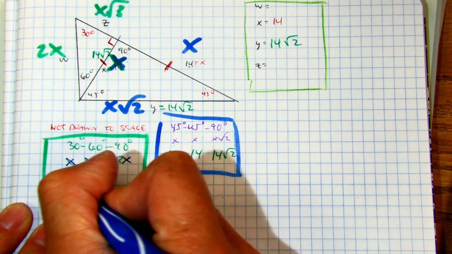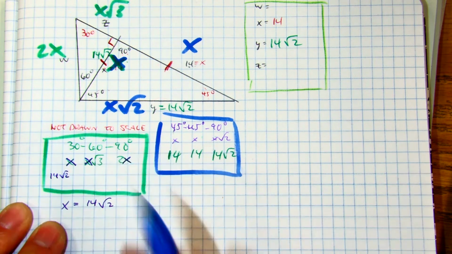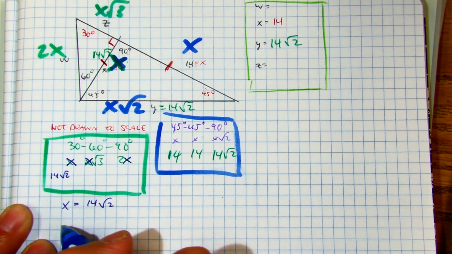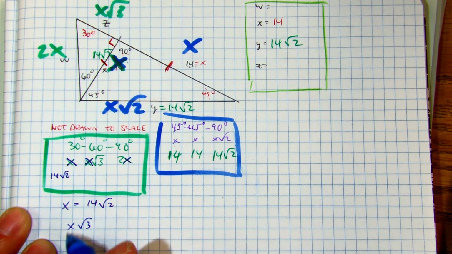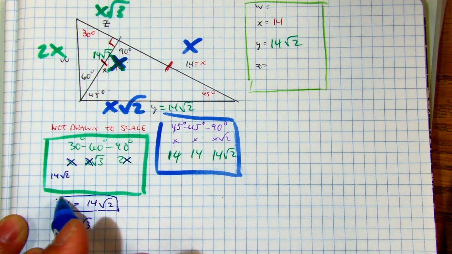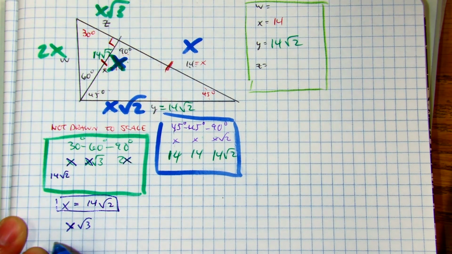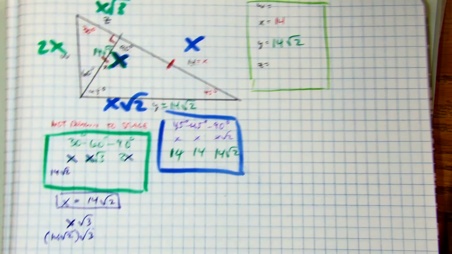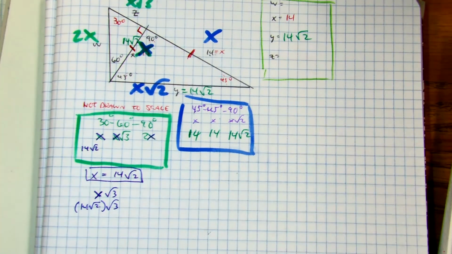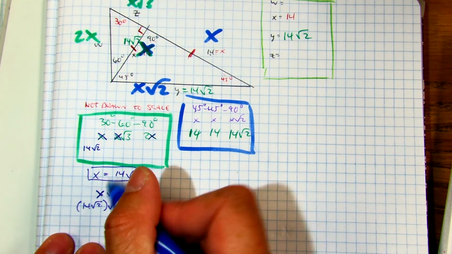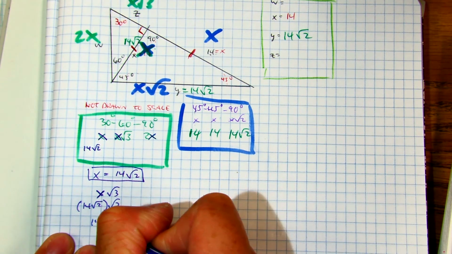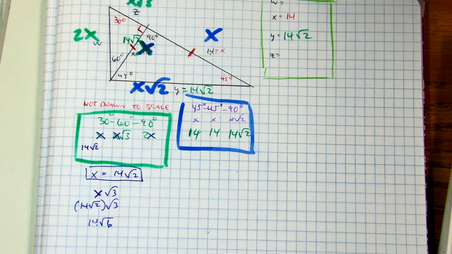So this will become 14 radical 2. This one is x times radical 3. So if I do a substitution here, 14 radical 2 times radical 3. Class, rad 2 times rad 3 is 14 rad 6.